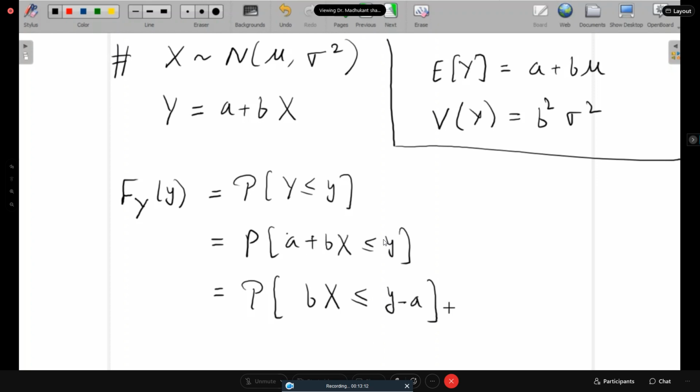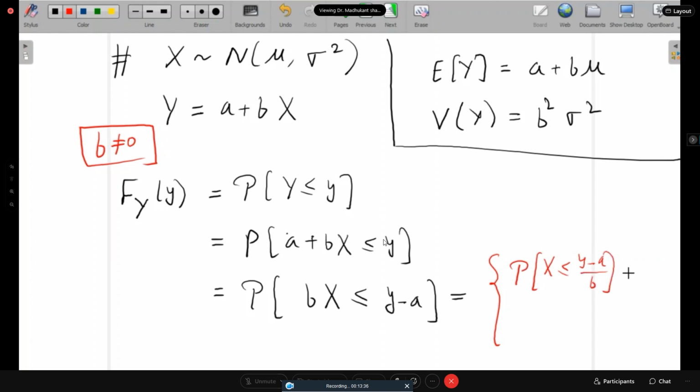Now I can look at it in two ways. Here b is a non-zero number, so it will be either greater than 0 or less than 0. If it is greater than 0, it's going to be probability that X is less than or equal to (y minus a) by b, and if b is less than 0, it is equal to probability that X is greater than or equal to (y minus a) by b.